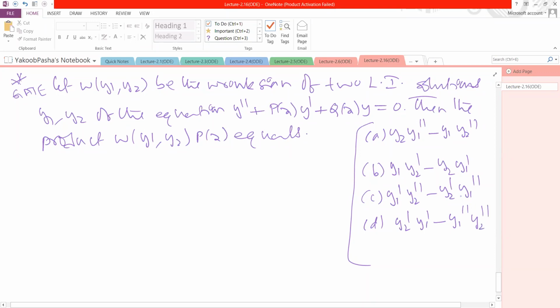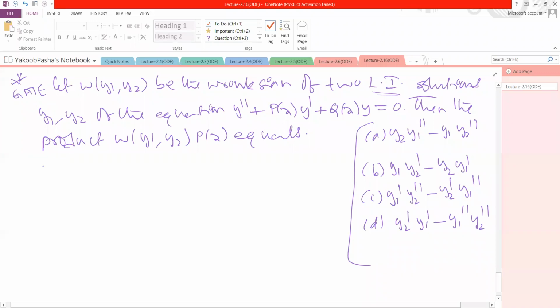These are the options. As we know, you have to observe that the solutions y1 and y2 are linearly independent solutions. That means the Wronskian is not equal to 0.